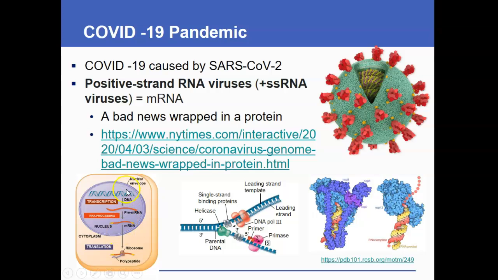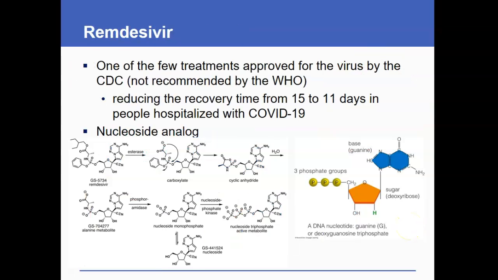This is fundamentally different from how our cells operate, going from DNA to RNA to protein, where the DNA gets replicated and uses DNA polymerase. This is going to be an RNA template RNA polymerase, and what that RNA polymerase is going to do is copy that viral genome.